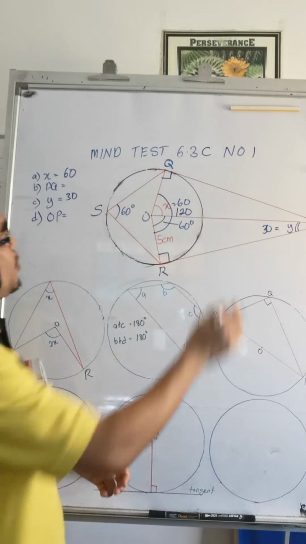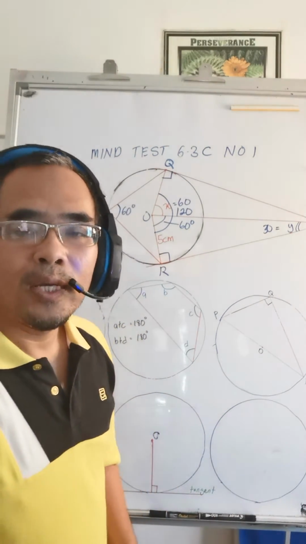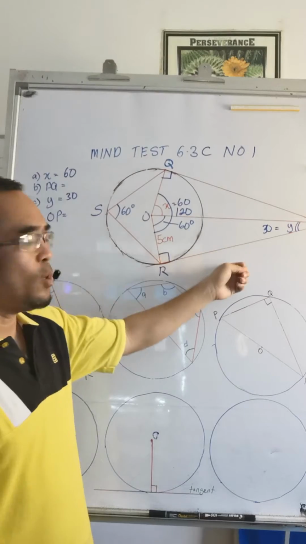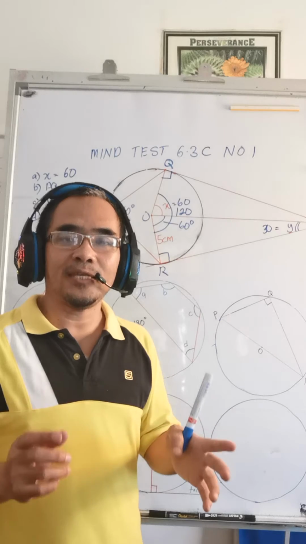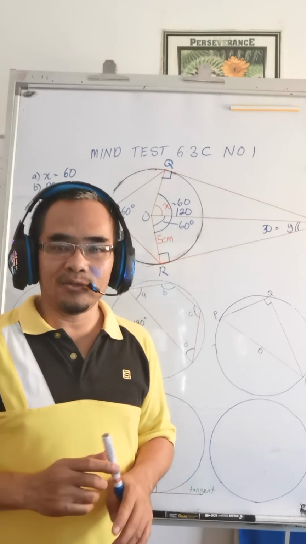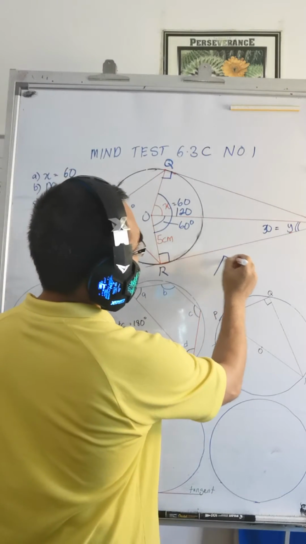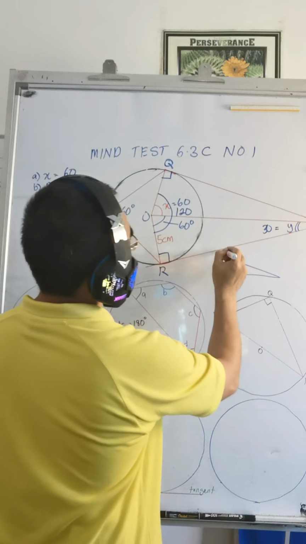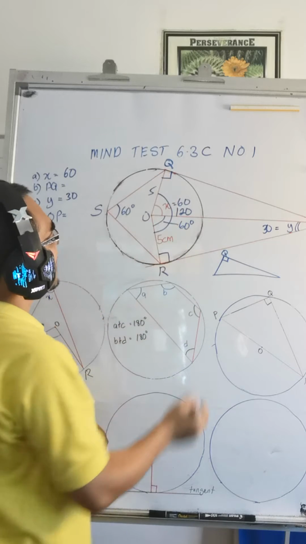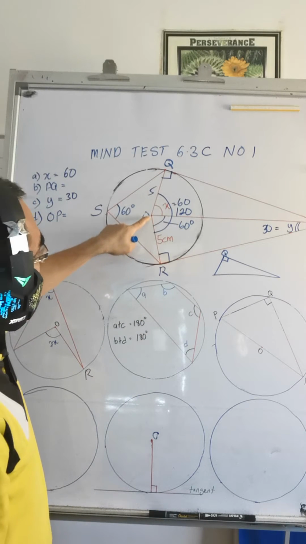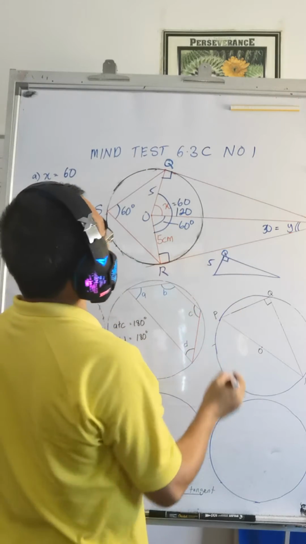Next, we want to know the length of PQ. For this you need to know trigonometry, so I'm going to show you how to use it in this case. You have to use a right-angled triangle. We have the 90 degrees at Q, and OQ is 5 centimeters, because from the center to R is 5 centimeters, so from the center to Q is 5 centimeters also.